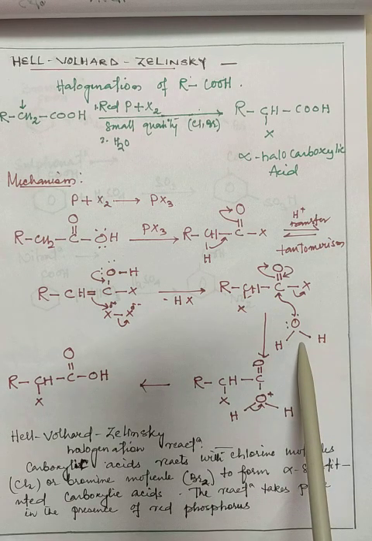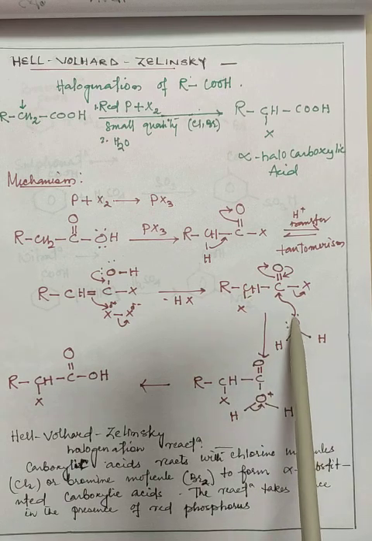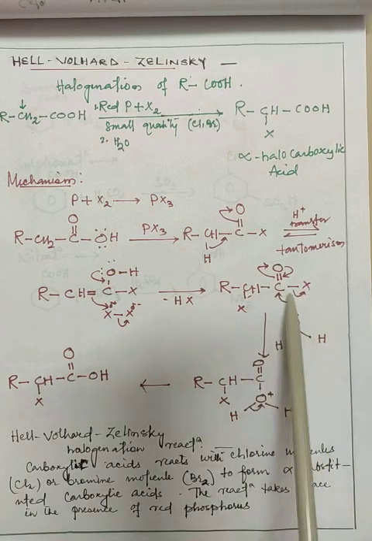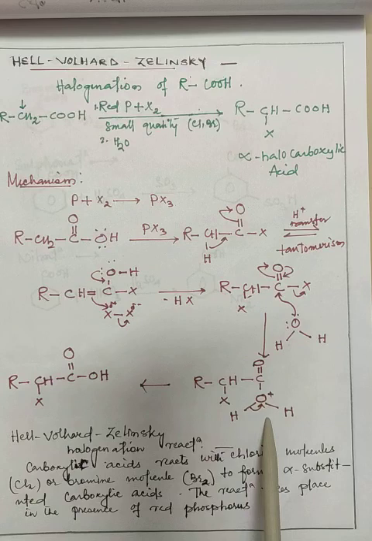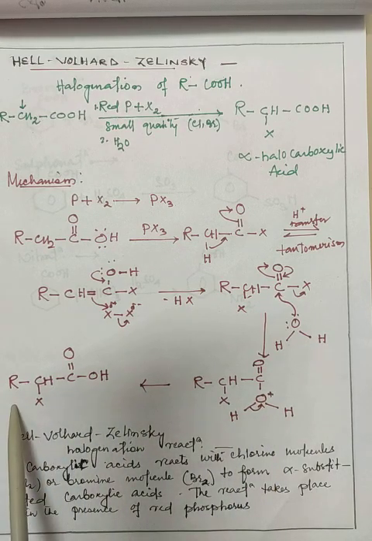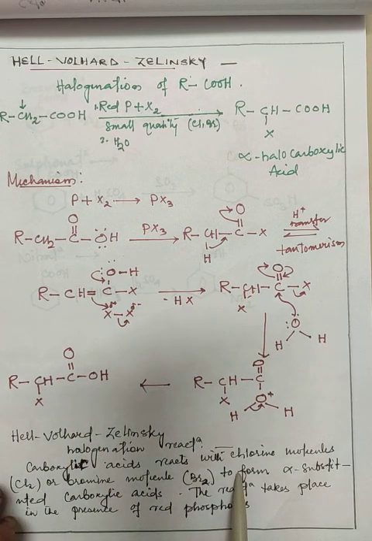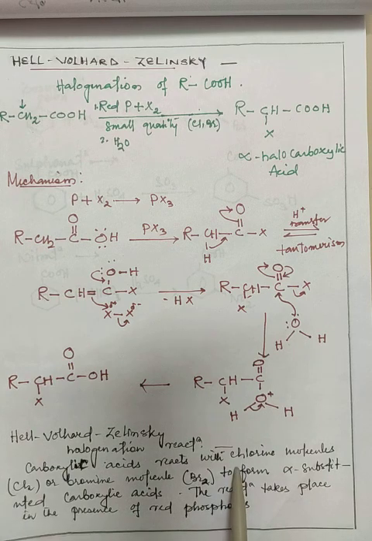That means we have to do hydrolysis. After doing hydrolysis, this will connect to this oxygen, carbon, and then we will get this product. So in this product again we will get the alpha halo carboxylic acid. So this is the definition for the Hell-Volhard-Zelinsky reaction.